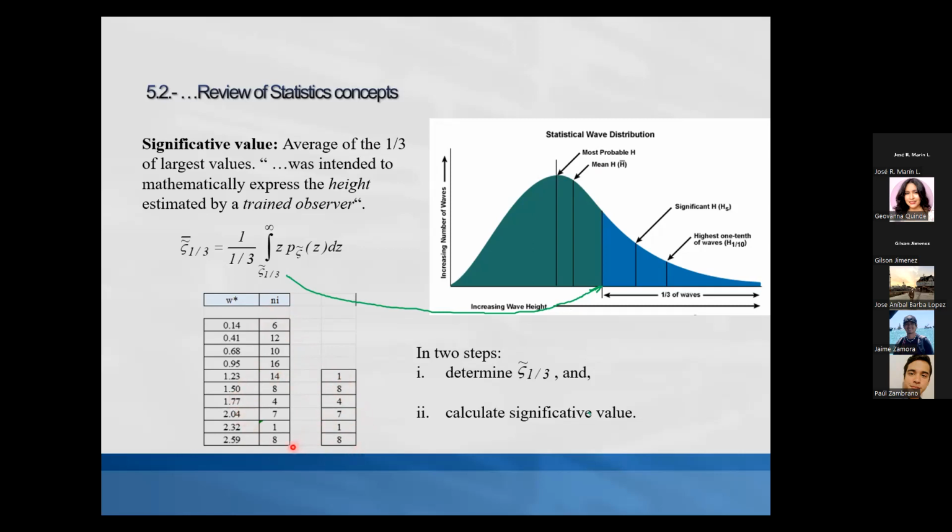We have 8 waves with 2.59, 1 wave with 2.32 meters, etc. And the last one, we take 1 with height of 1.23. Then we take all of this and make the average. And that's the significant value. That's what we did when we calculated the significant wave height in this class. So that's something that we need to do.